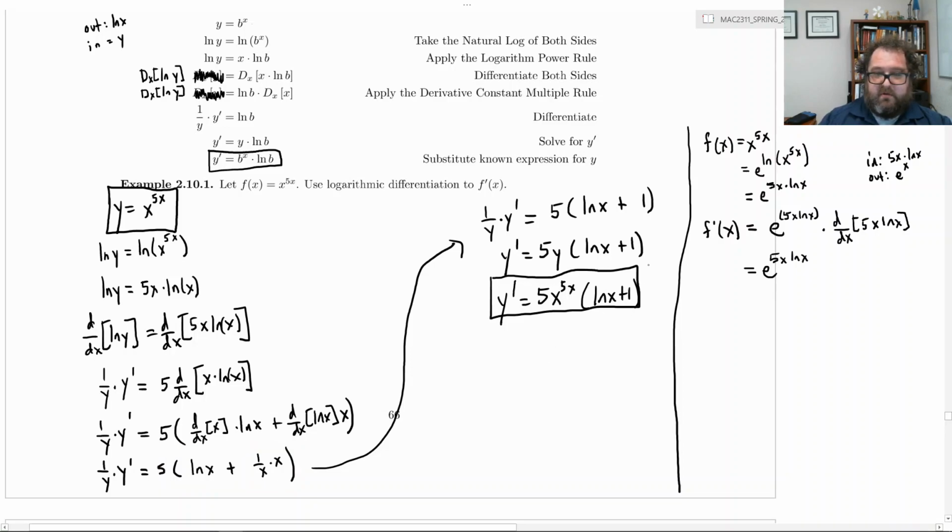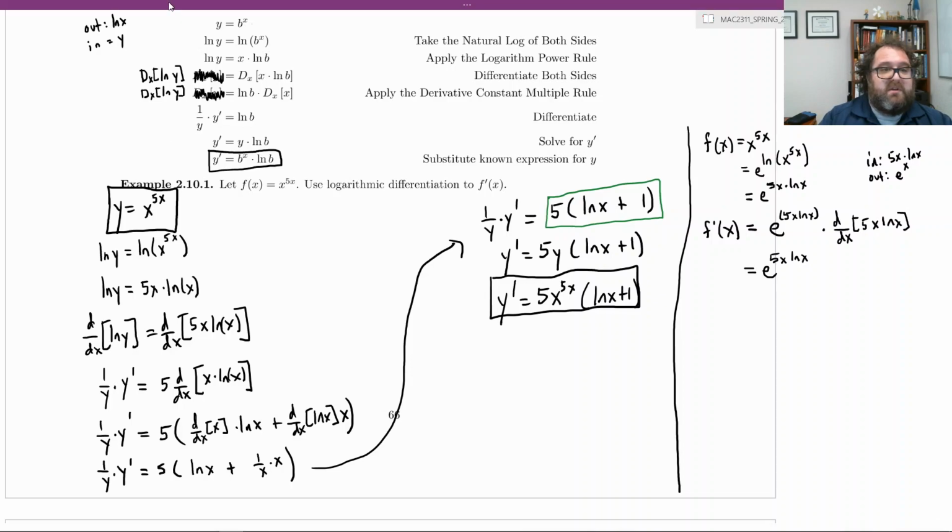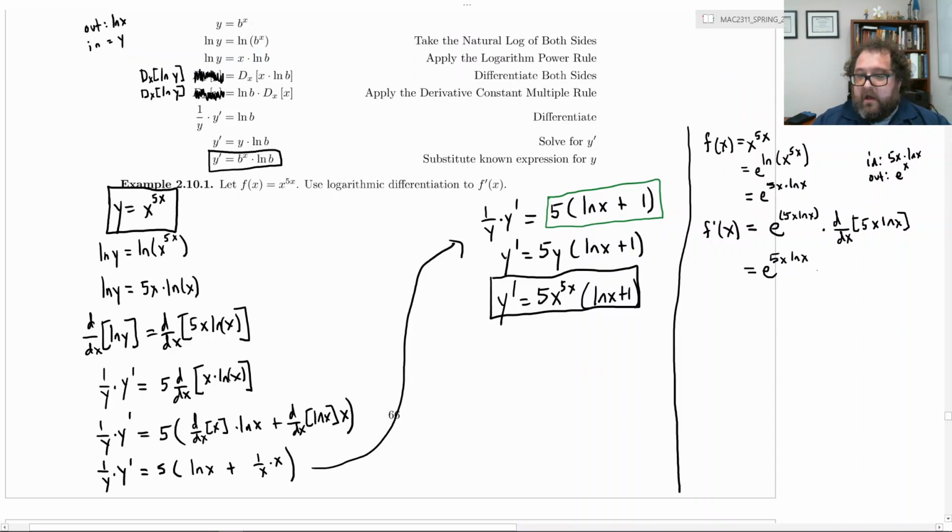The simplified derivative is the next line right here. That is the derivative of the right-hand side, which was, remember, 5x natural log x. So that derivative is here boxed in green. So I know what the derivative is, no reason to redo it. So we can just copy that down. It is 5 times natural log x plus 1.